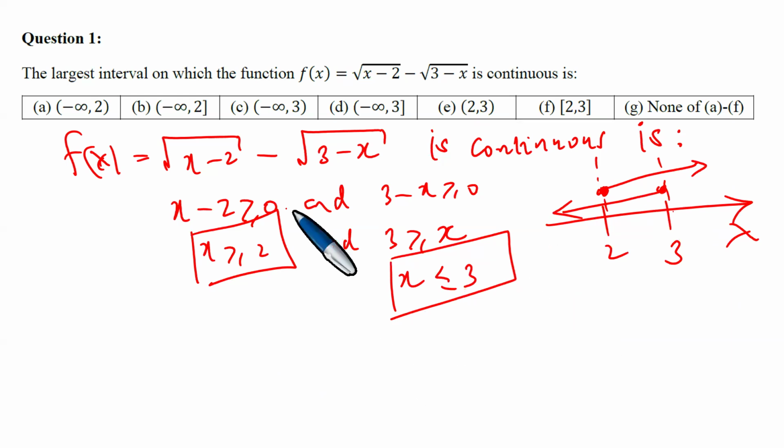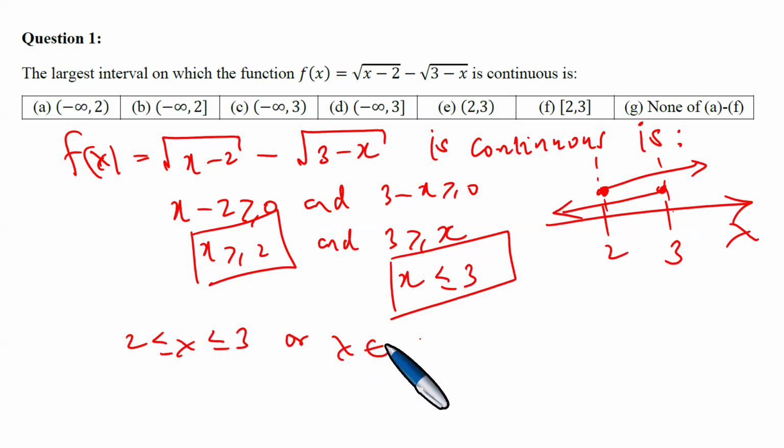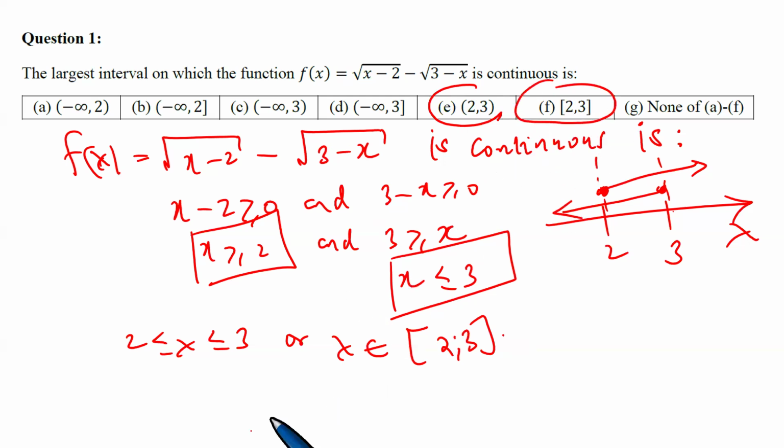You'd look at the fact that these must both be true, which means therefore that 2 is less or equal to x less or equal to 3, or x is an element of the interval from 2 to 3. So this would be the largest interval, and the domain of f would be exactly 2 to 3.